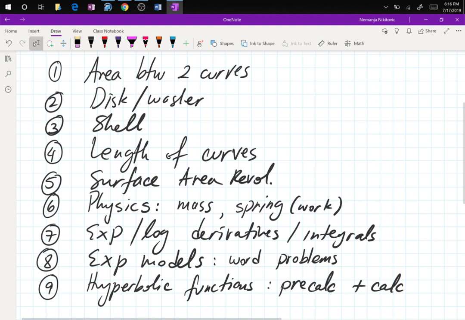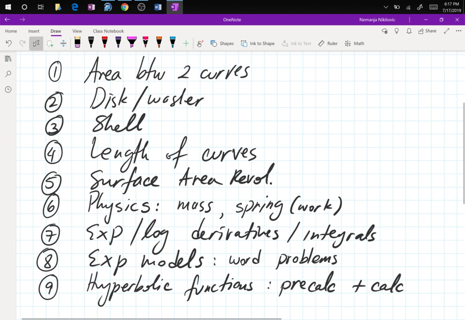We understand that all of these, with the exception of 7, 8, and 9, are all integration, right? 7, 8, 9 also have integration, but they also have derivatives. Most of these are definite integrals, which have limits, right? Plus c integrals will be rare.